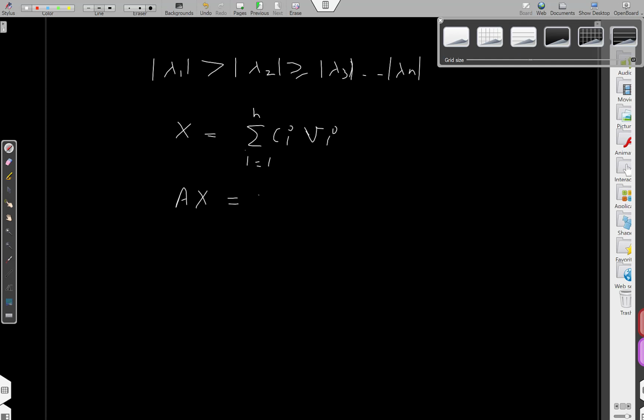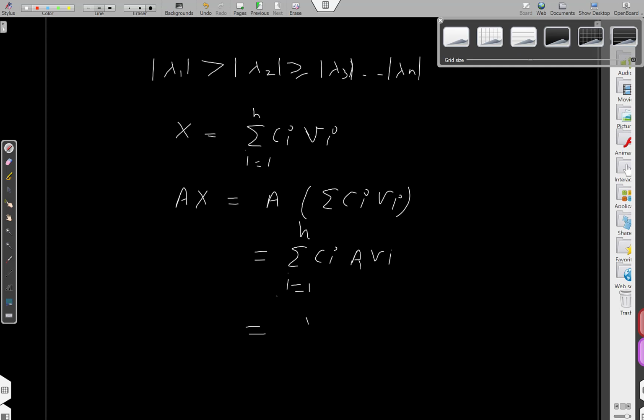So what are we getting? A applied to the summation of ci bi. A is a matrix, so it operates over the summation as the summation of ci A bi, with i equal to 1 to n.